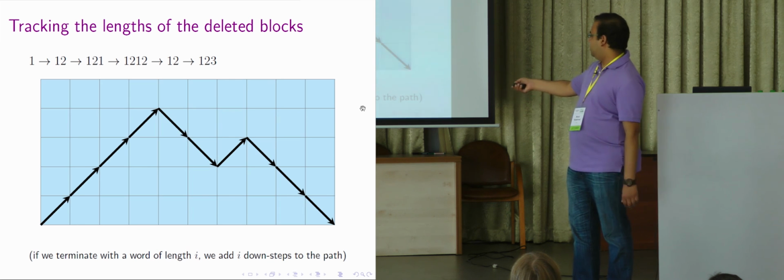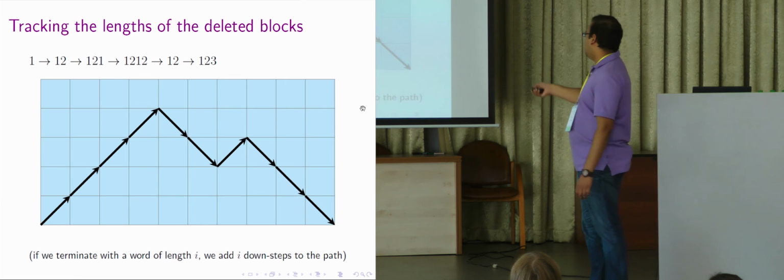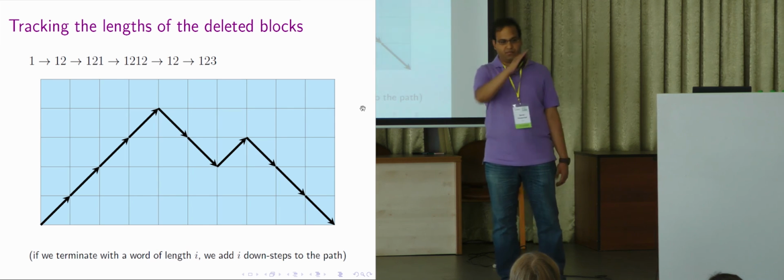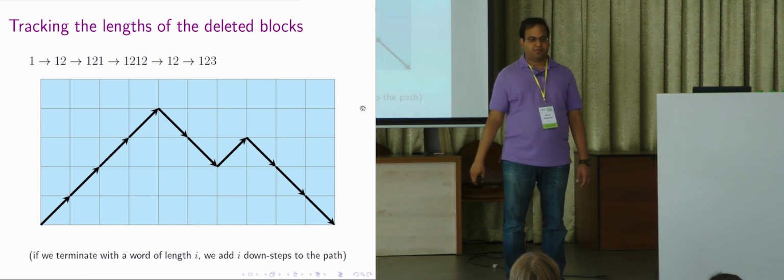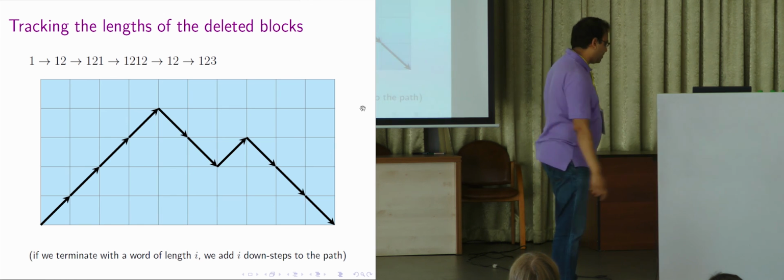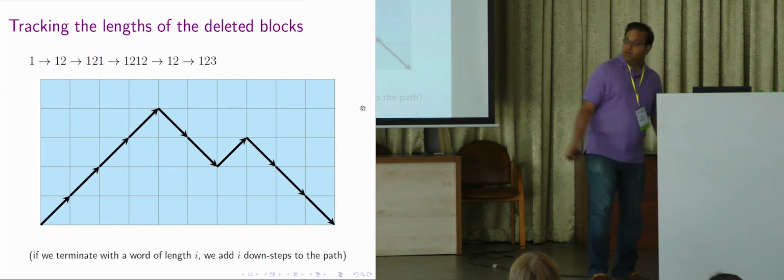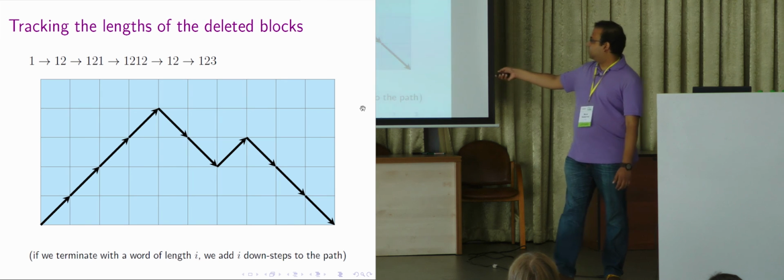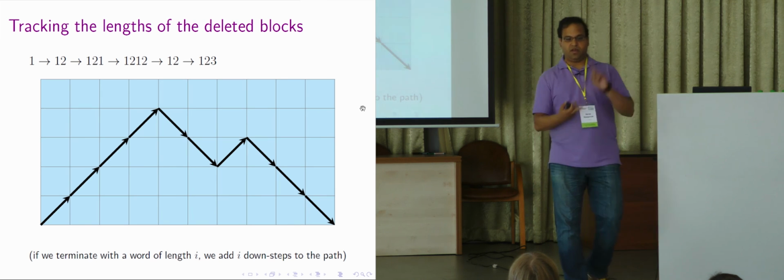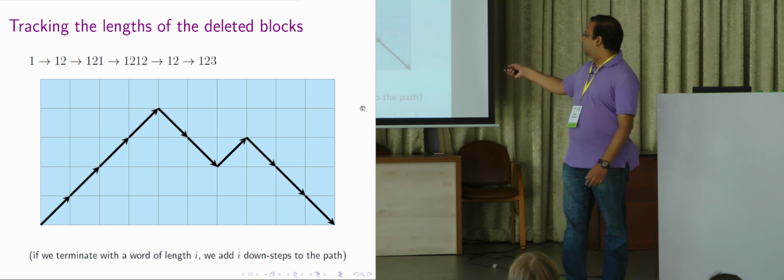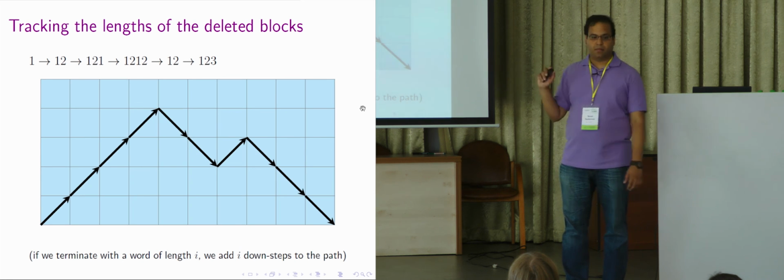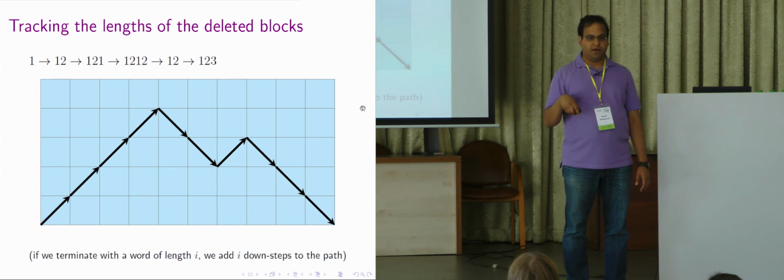So if I stop with a word of length, I just terminate the whole thing by going down to the x-axis. So it's clear that if I have this picture, I know exactly what time a deletion occurred, and I know what length the deletion was.